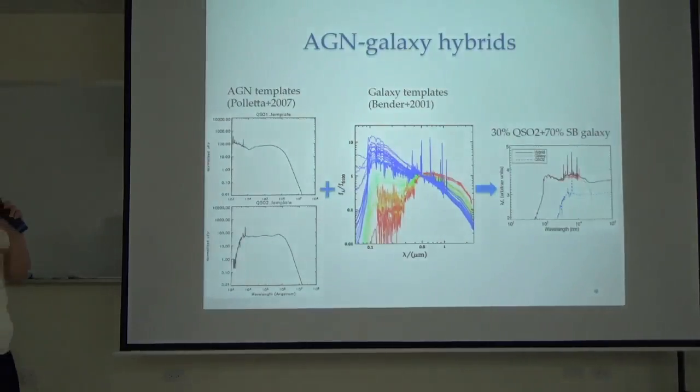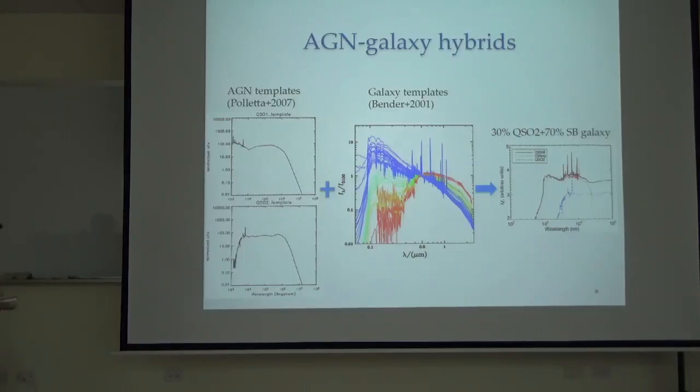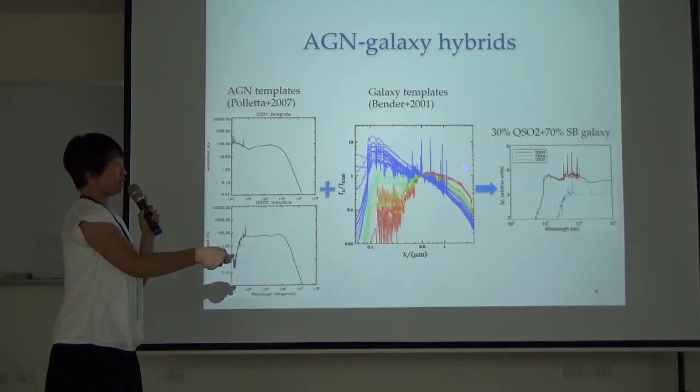After all this cross-matching and photometry matching, another important thing we have to do for the X-ray sources is to make the AGN-galaxy hybrid to do the SED fitting. So we combine the AGN template with the galaxy template to get a hybrid.